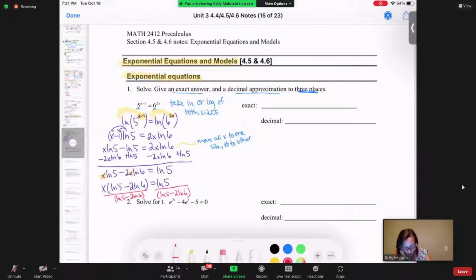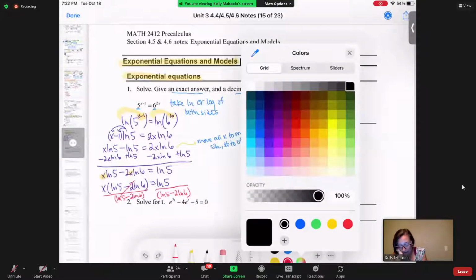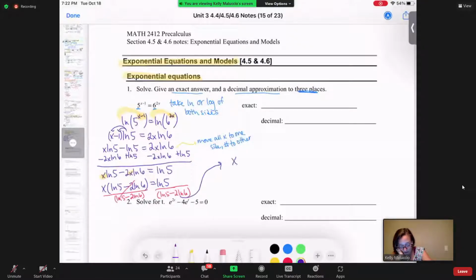I can divide both sides to cancel here. And then look what I'm left with, x by itself, right? So now I'm left with x equals ln 5 over ln 5 minus 2 ln 6.